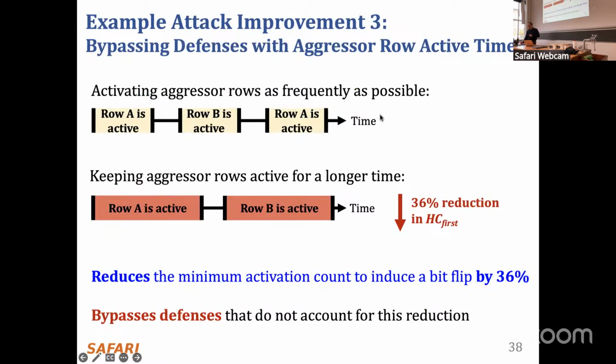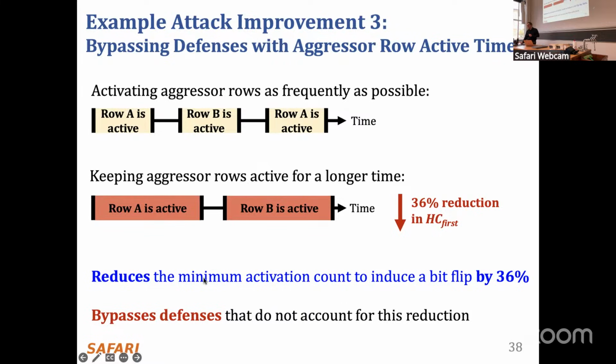If you activate an aggressor row as frequently as possible, you get some HC first. And if you keep the aggressor row active a little bit longer, not terribly long, we're going to look at terribly long ones later, you get a 36% reduction in the number of activations you need to do to induce a bit flip.